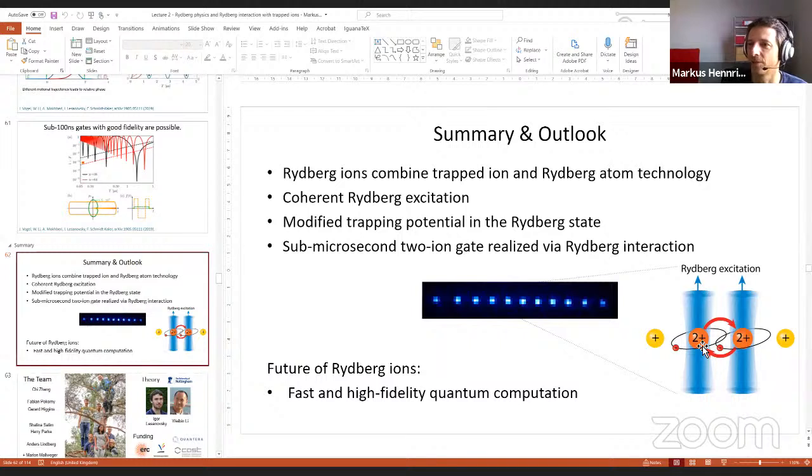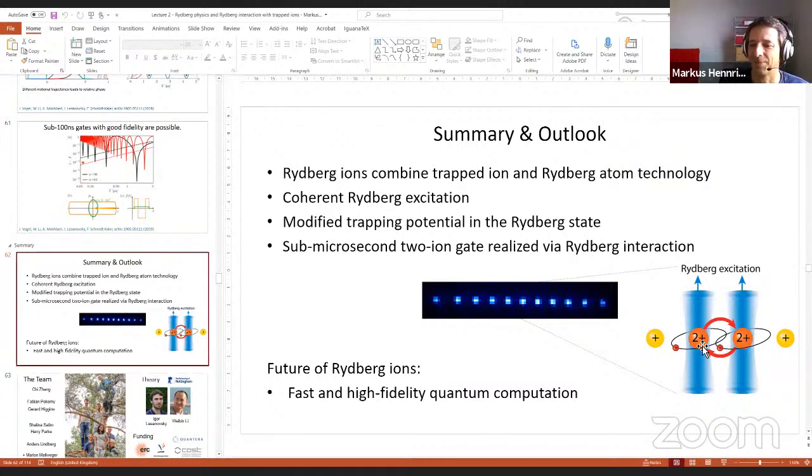Unfortunately, at room temperature, for the Rydberg levels that we're using, one blackbody radiation photon is sufficient to ionize this electron. This is not a big deal for Rydberg atom people because they always load new atoms. But for ions, it's a bit of an issue because it takes more time to reload ions.